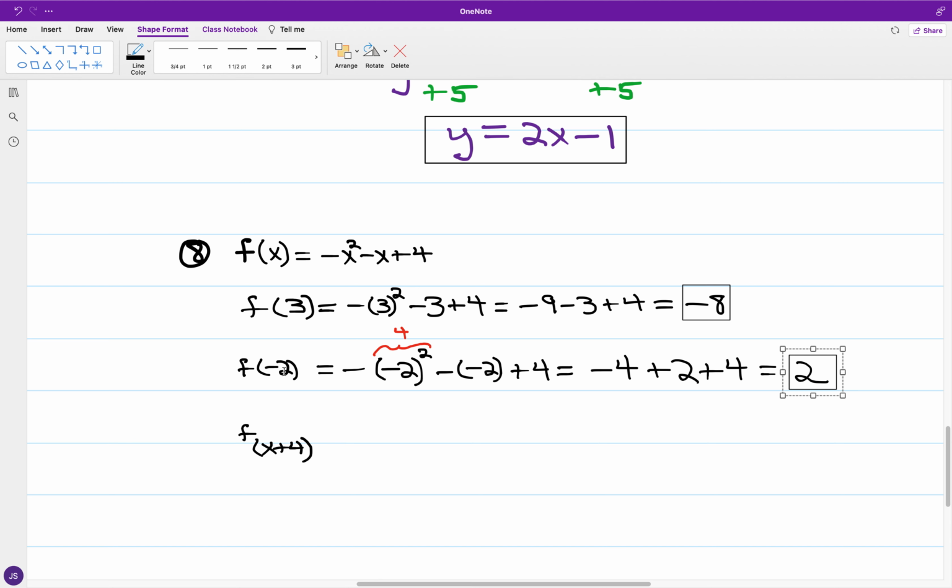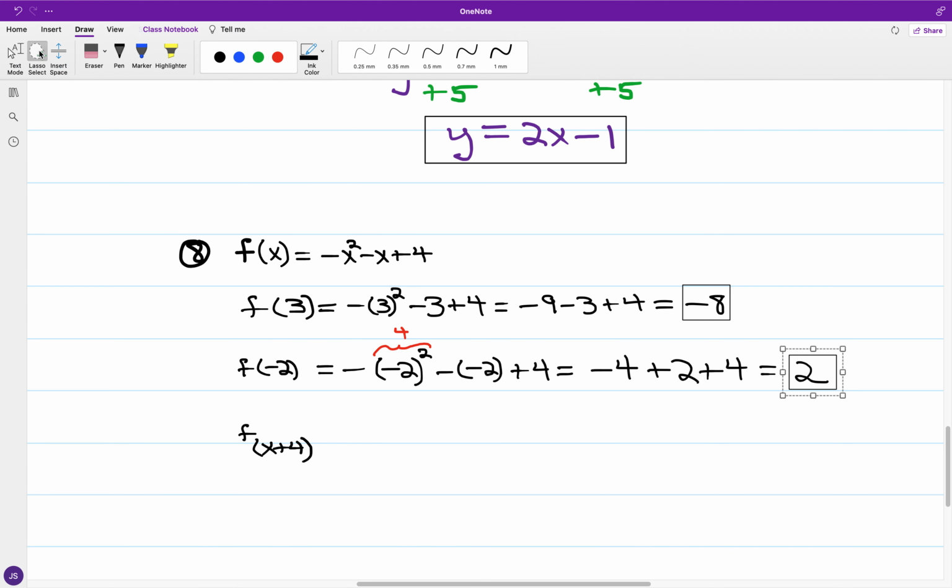Now, for what we have in the case of f of x plus 4, instead of a numerical input, we have a binomial expression in the variable x.